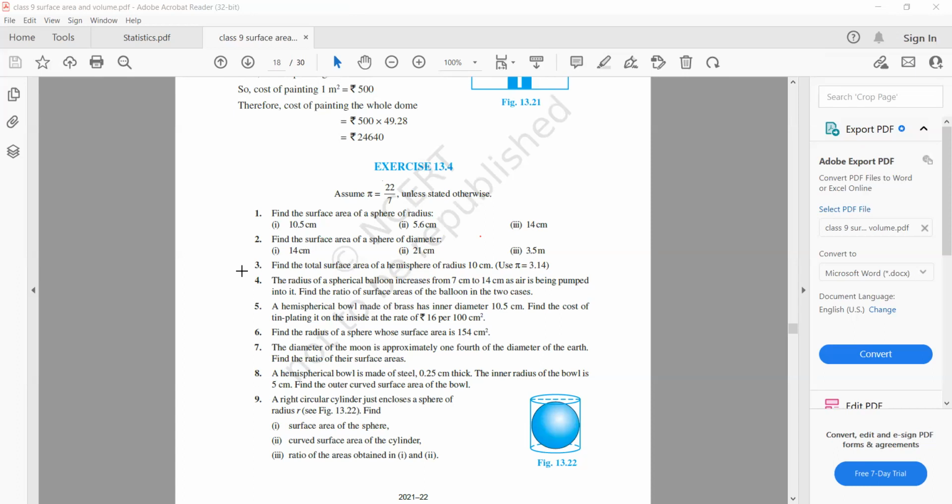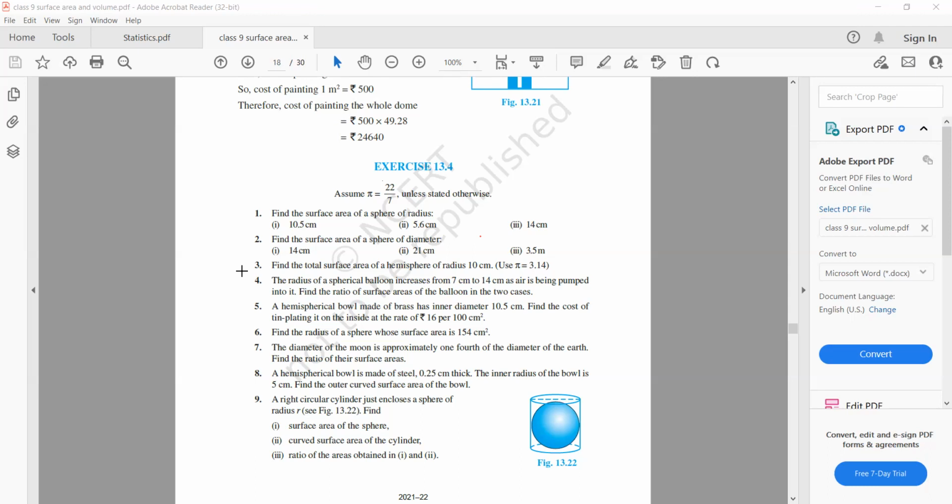Okay, so formula will remain same, 4 pi r1 whole square divided by 4 pi r2 whole square, right? So 4 pi will get cancelled out. It will be just r1 square divided by r2 square. So r1 was 7 centimeter whole square divided by 14 centimeter whole square, right?